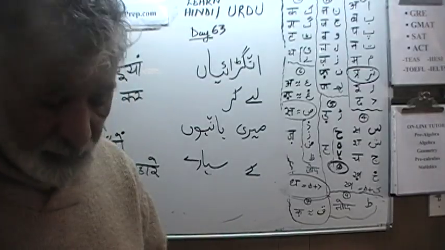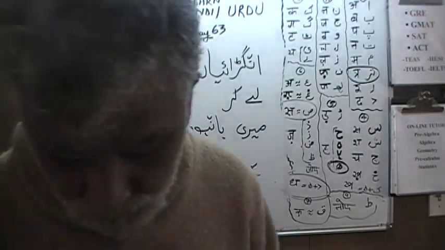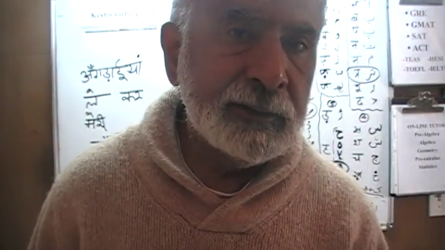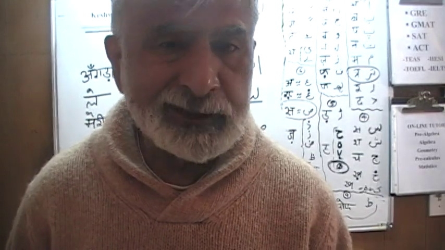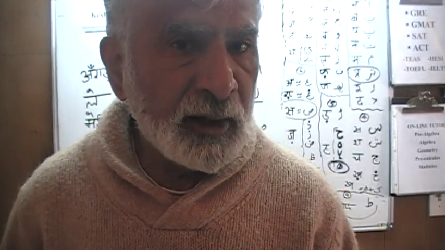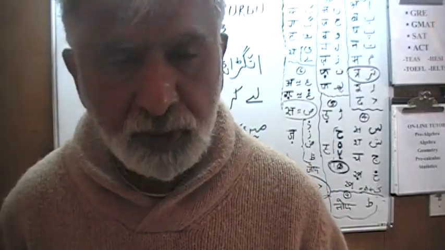So if you remember the last 2-3 days, the story goes like this. There is this young couple. They were sitting under the shade of a tree in Kashmir Valley, overlooking the exhilarating scene of Kashmir. So you have to picture the whole thing in your mind.